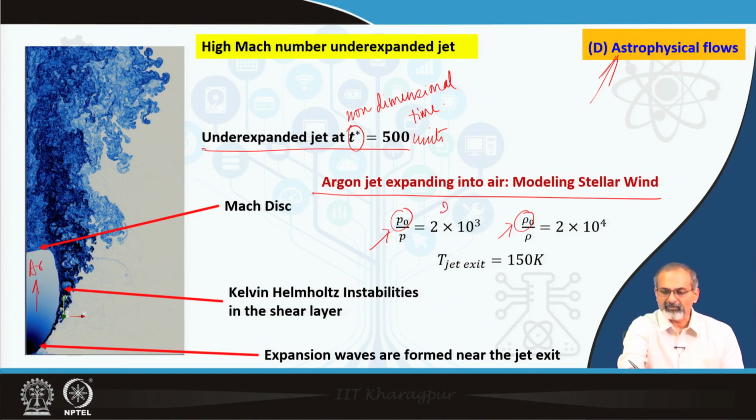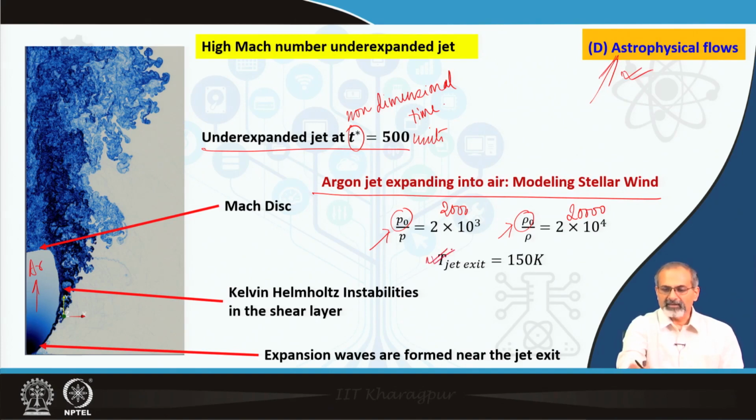Here we are talking about 2000, while in terms of density it is as high as 20,000. So, these are extremely large values which we generally do not talk about in the kind of aerospace applications we have seen earlier, and typically this is a range which fits astrophysical flows.